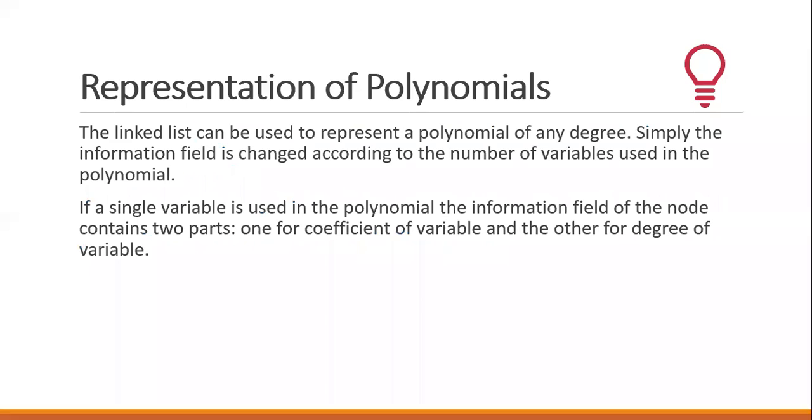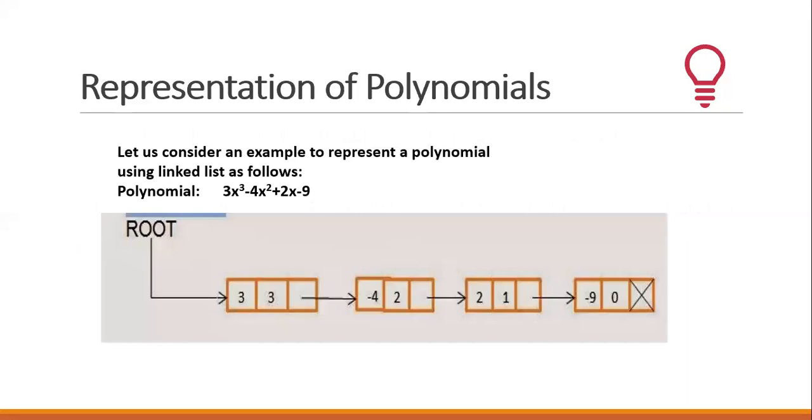If we make use of a linked list, there will be two major data parts in our node, one for the coefficient and one for the degree, and your third part is going to be next. Then we take an example of any polynomial and represent it diagrammatically with the help of a linked list.